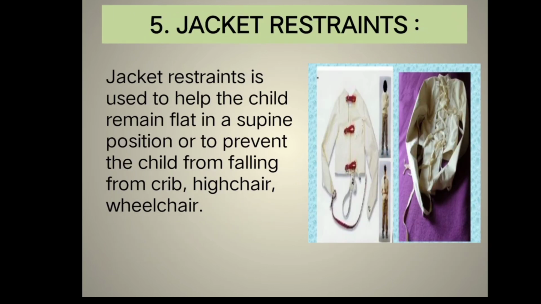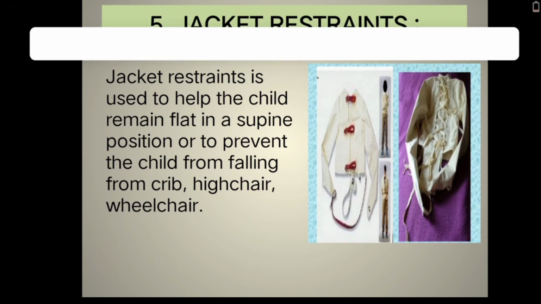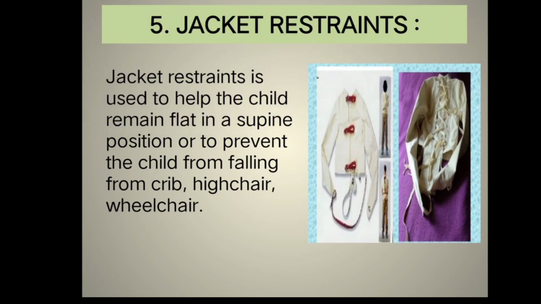Next is the jacket restraint. The jacket restraint is used to help the child remain flat in position or to prevent the child from falling from the crib, high chair or wheelchair. It is like a jacket. The baby wears this jacket, and we apply this restraint while the baby is sitting on the high chair, wheelchair or in the crib.